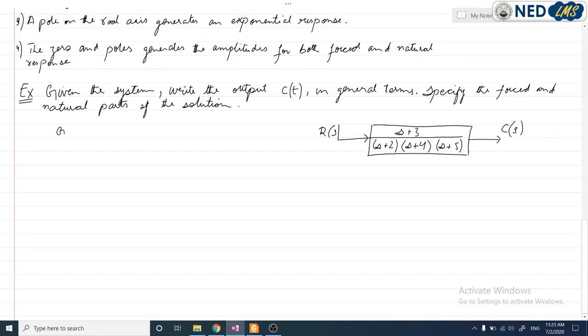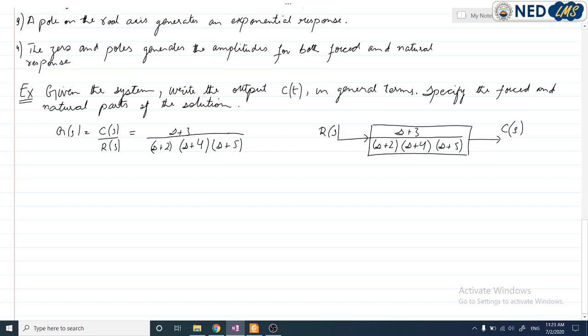So our transfer function is this, with s plus 5. Since we have to find the output, for that we have to apply an input.